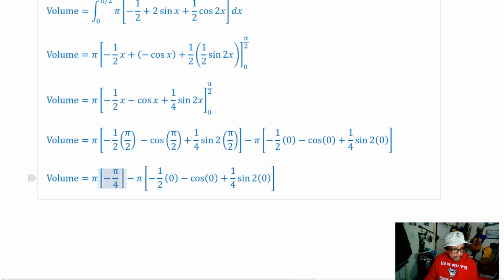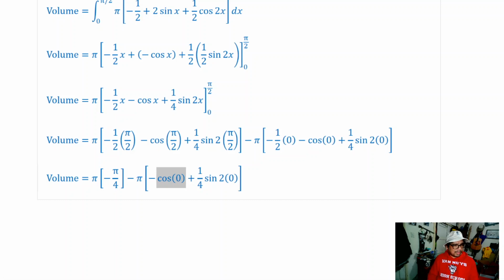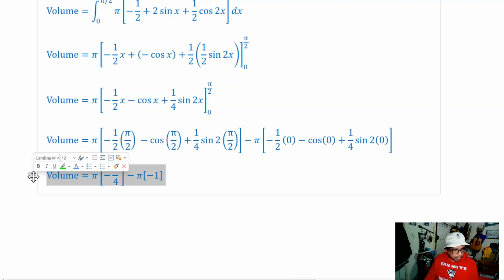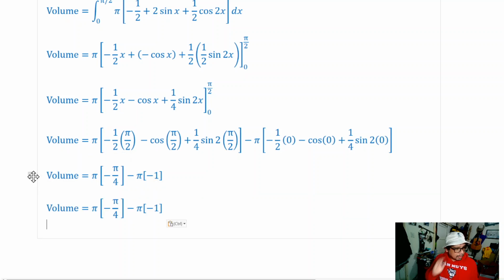And in the back half here, we've got 1/2 of 0. That's 0, so let's get rid of that. Cosine of 0, this is where things can go wrong. Cosine of 0 is 1. And then we've got sine of 2 times 0, which is sine of 0. Sine of 0 is also 0, so we can get rid of that. All right, so I think we've reached a place where I'm going to copy that down and simplify a little bit over here.